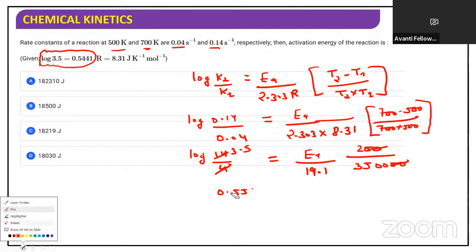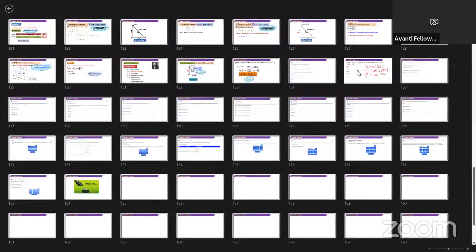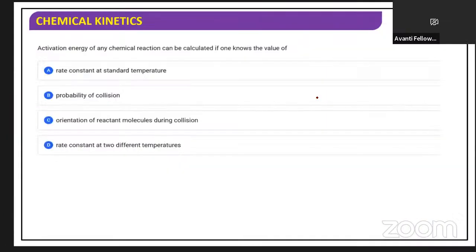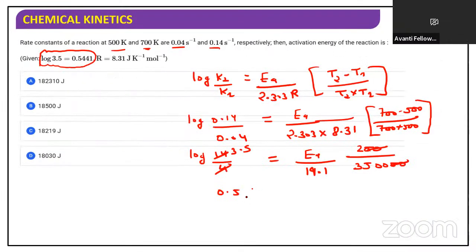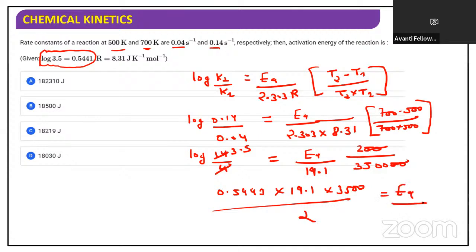Just write it. Okay. So that is 0.54 into 19.1 into 3500 divided by 2. So on solving, you'll get the value of Ea.